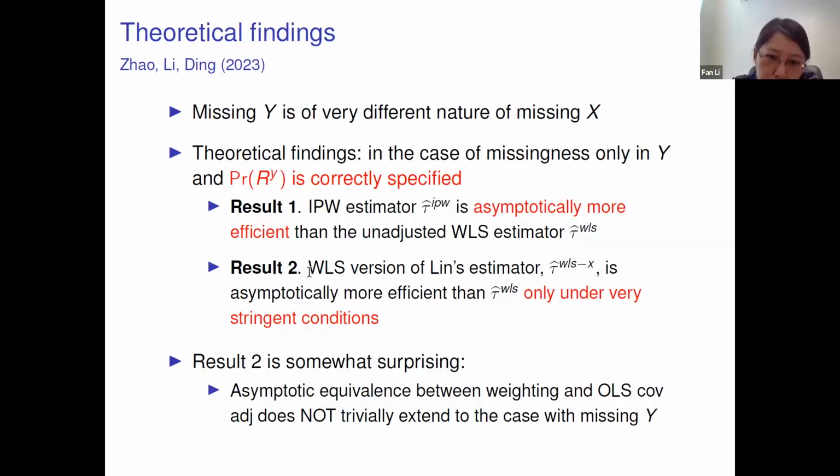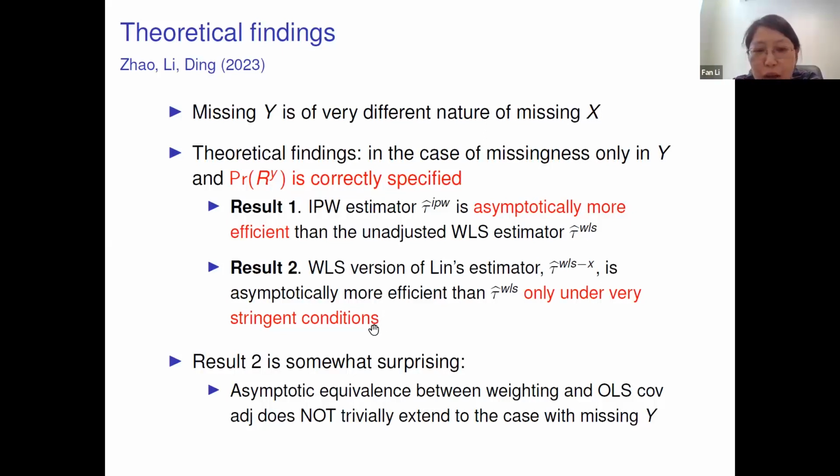We find that the weighted least squares version of the Lin estimator, which basically reweights that interaction outcome model, is also asymptotically more efficient than the unadjusted estimator, but that holds only under very stringent conditions. Actually, that includes a linear model.